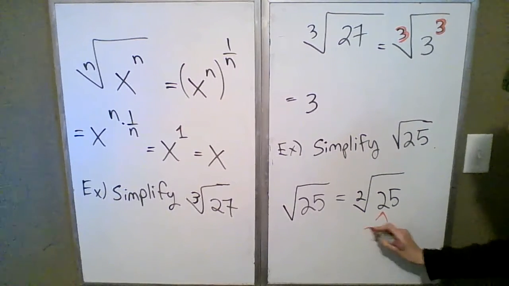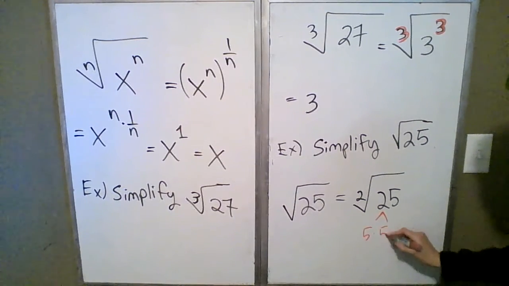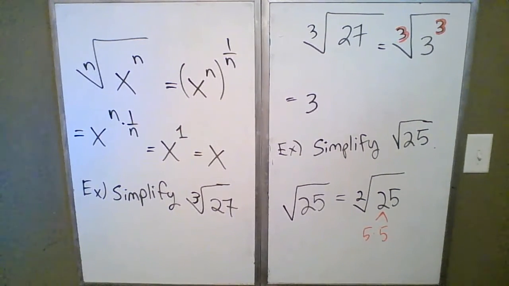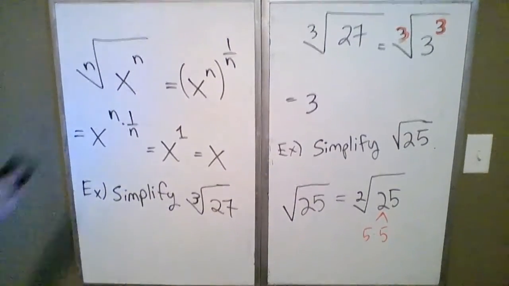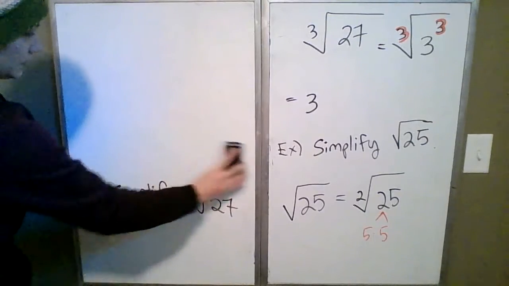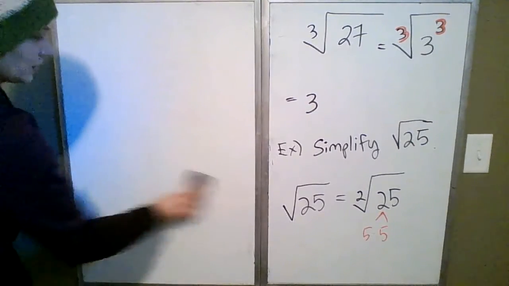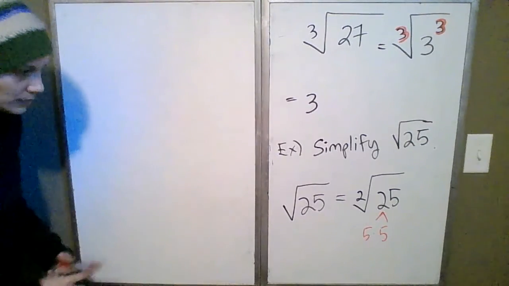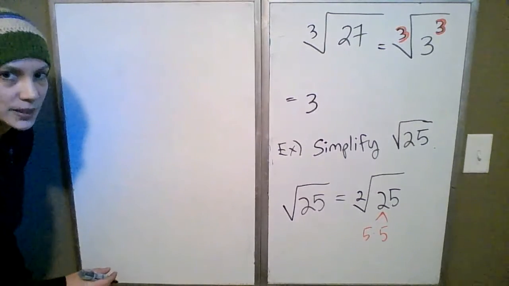25 is 5 times 5. So we're continuing on with the square root of 5 squared.